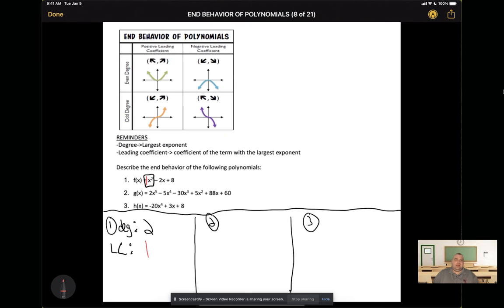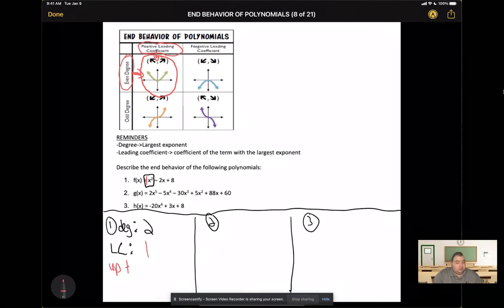So I have a degree of 2, which is an even degree, and a leading coefficient of 1, which is positive. If I put that together, then this right here is my end behavior. So we would say that the end behavior is up.